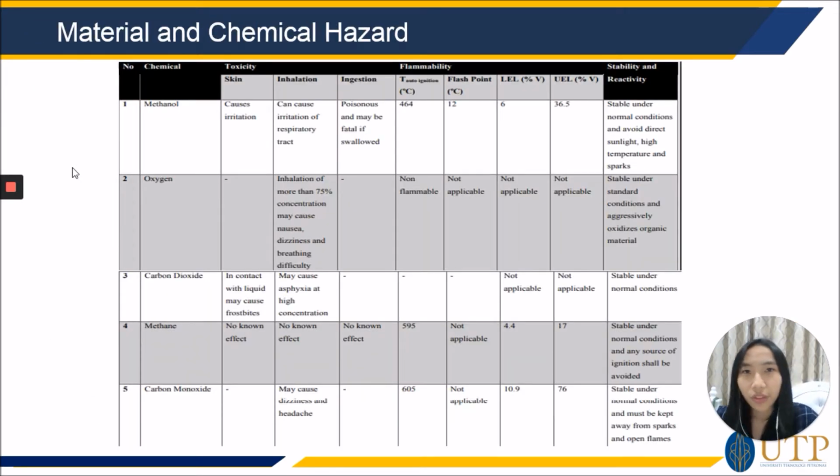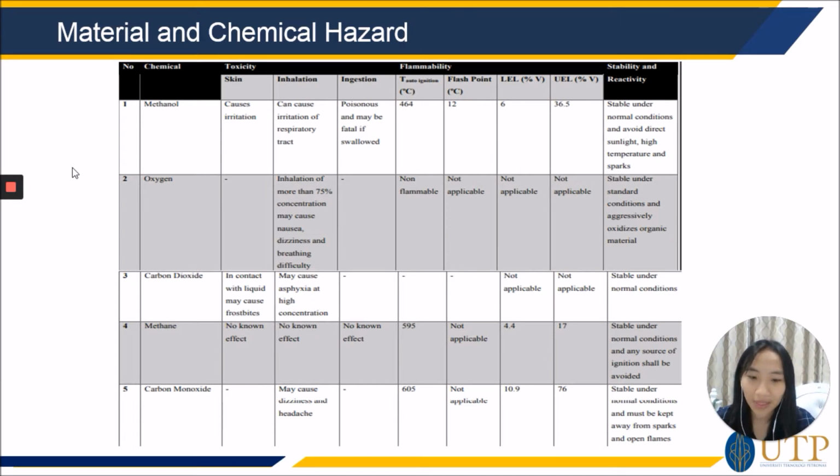So after studying the previous accidents that have happened, the next step would be material and chemical hazard needs to be identified. So how we did it is basically we've identified all of the chemicals and materials that are present, and we used MSDS, material safety data sheet, as a reference.